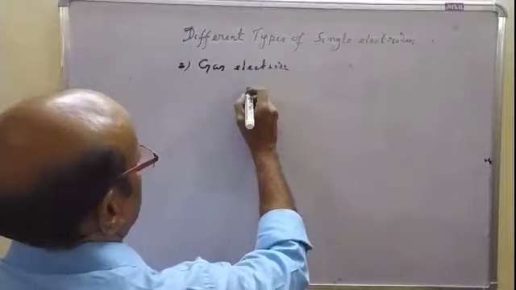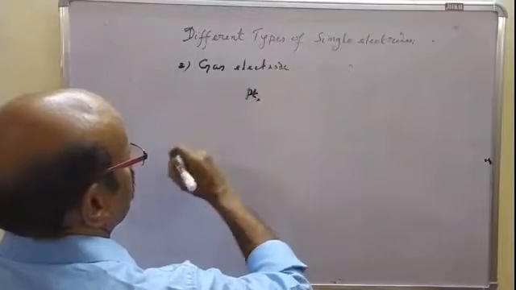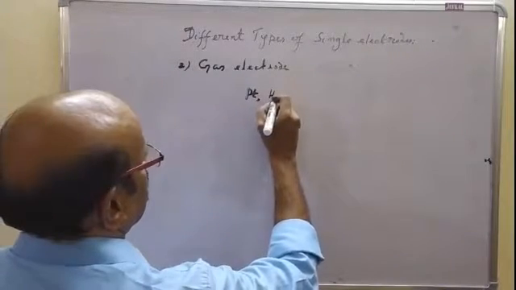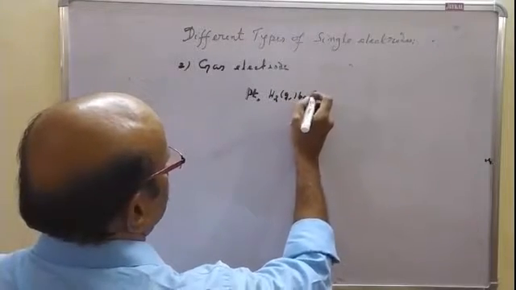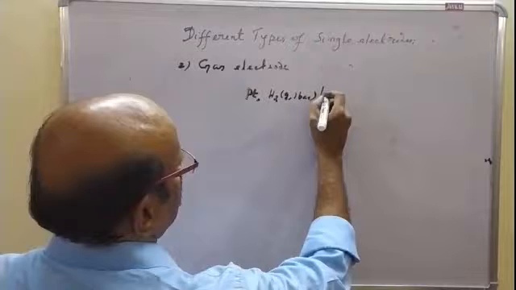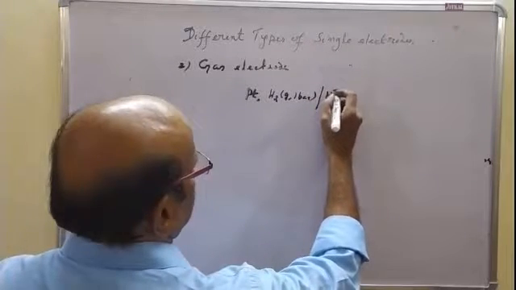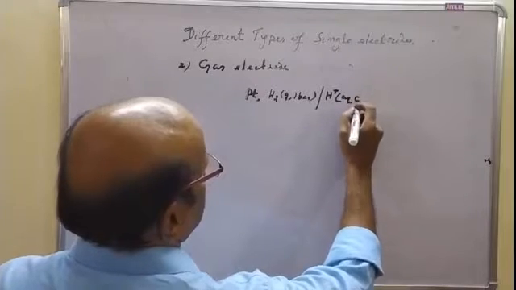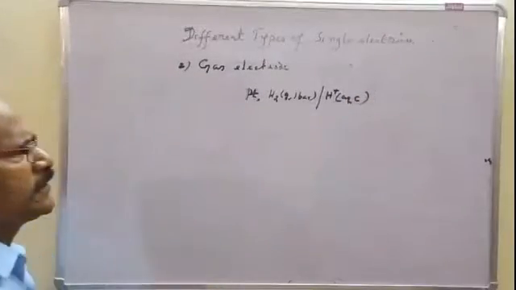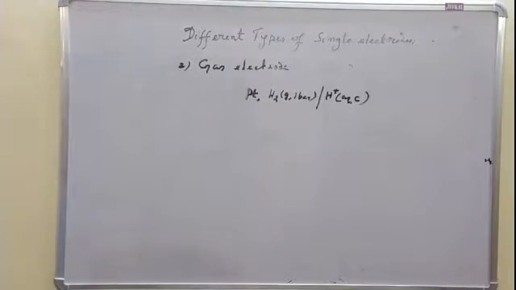So it can be represented like this: platinum, comma, hydrogen gas at 1 bar, in contact with the H plus ion, HCl aqueous solution of concentration C.